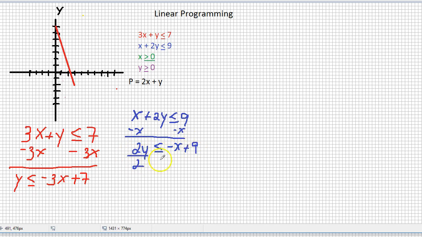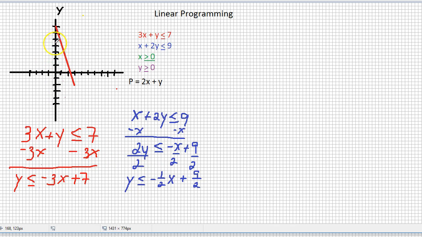When we divide by 2, you notice everything's a fraction. We have y is less than or equal to negative 1/2 x plus 9/2. Well, it really isn't that bad. 9/2 is really 4.5.